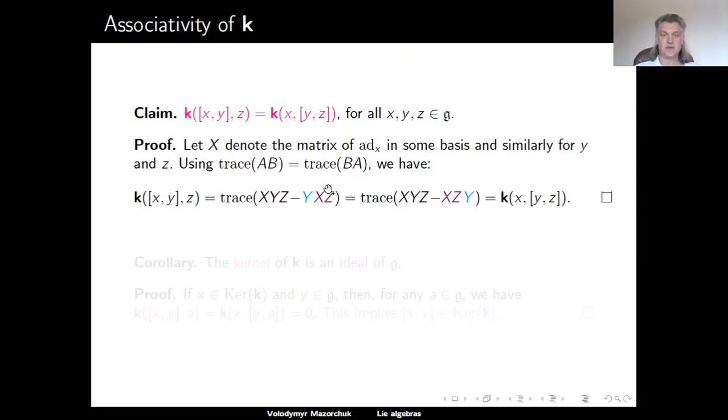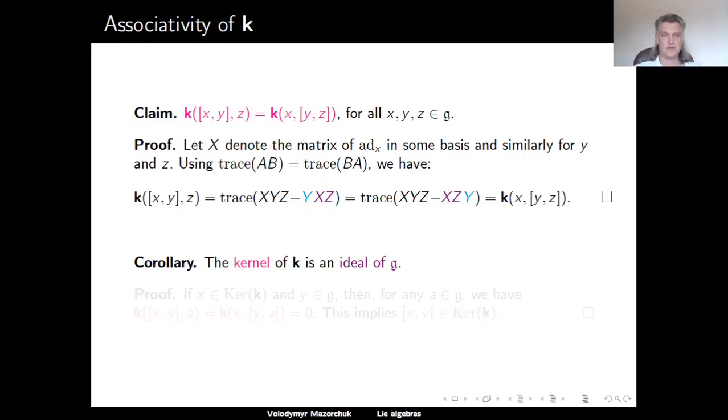Now, in the second summand of this matrix, we can change the order of the multiplication of the operator Y and XZ to get XZ times Y. Because of this property of the trace, this does not change the trace of the outcome. So the trace of XYZ minus YXZ is equal to the trace of XYZ minus XZY, and the latter equals the value of the Killing form evaluated at the element x and the bracket of y and z. So this proves our claim.